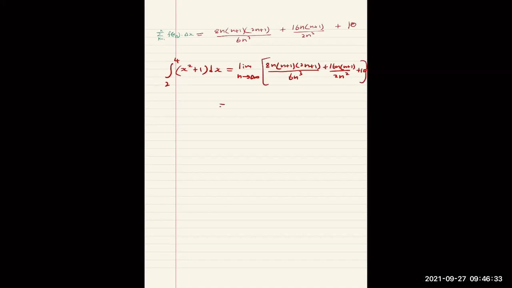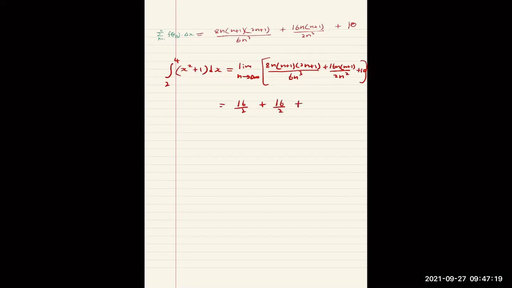If you take the limit of this expression, you can see that the limit of the first expression is going to be 16/6, plus the limit of the second expression is going to be 16/2.